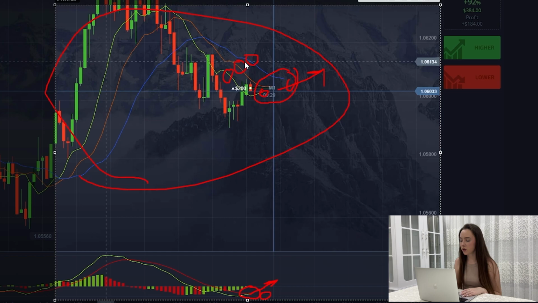The lips, the teeth and the jaw of the alligator show the interaction of the time periods. Since the trend in the market can only be identified for 15 to 30% of the time, it's necessary to follow the trend and not work in markets changing only within certain price periods.